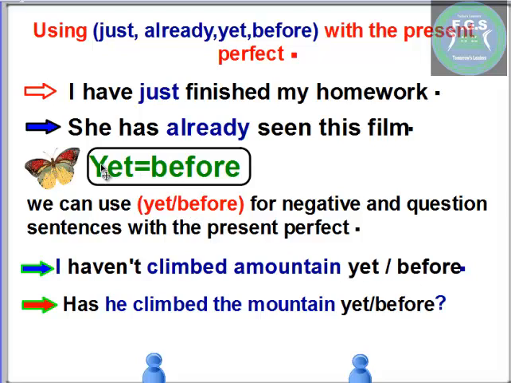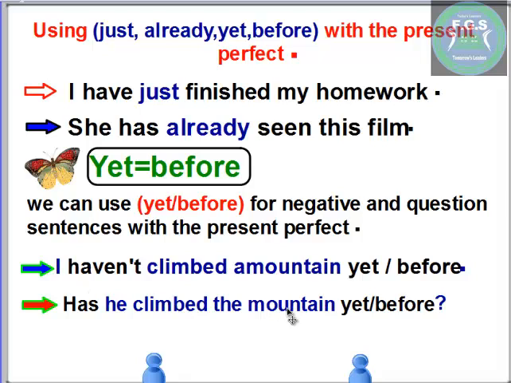Yet and before, they come at the end of the sentence or at the end of the question, as we see here. Yet or before, they come at the end, okay? And here also in this question, yet and before come at the end of the question.